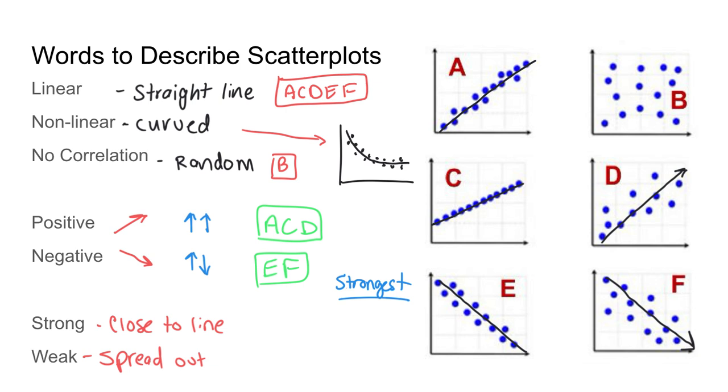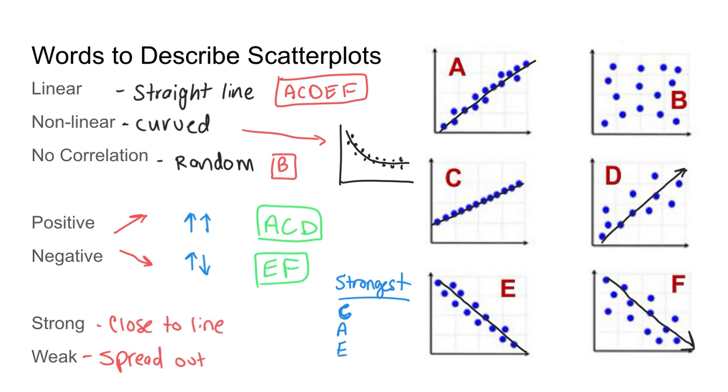Looking at this data, the one that is the closest to a perfect line, the one where the dots are as close together as possible on the line of fit, or the trend line that I've drawn through this, would be C. So C has the strongest association because its points are closest to the line. Hopefully, if you're looking at the rest, for the next strongest, A appears to be the closest, followed by E, because those are all very close to the line.